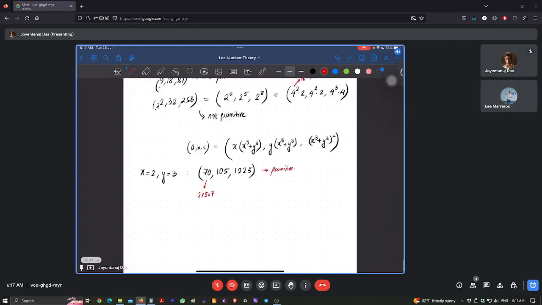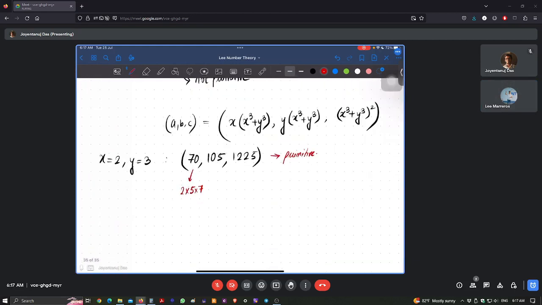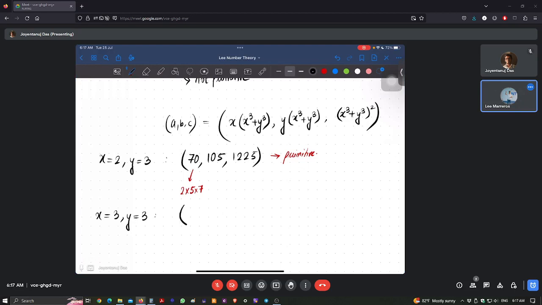What about 3, 3? Means x equals 3 and y equals also 3. So 3 cubed is 27. 27 into 2 is 54, and 54 multiplied by 3 is 162.